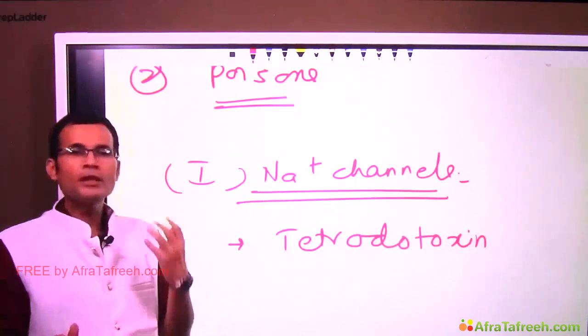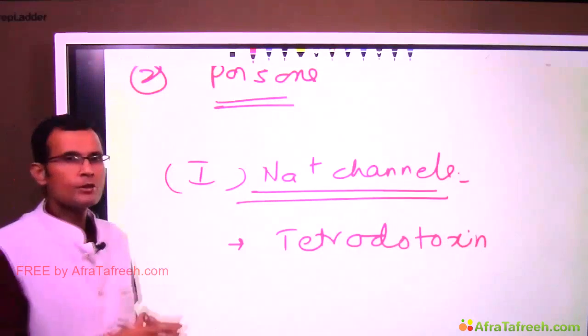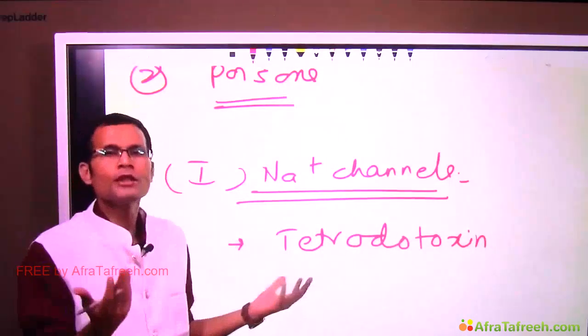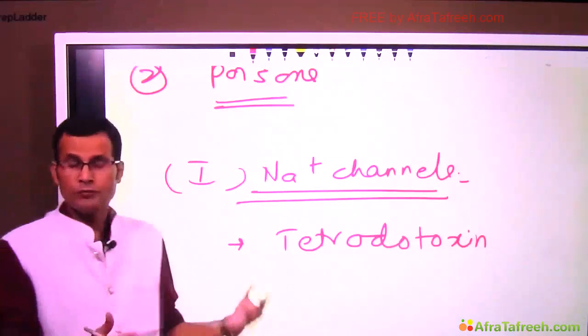So no impulse propagation through the nerves, and therefore it's a very strong nerve poison. No signaling through the nerves means there is hardly any chance of the survival of the person.